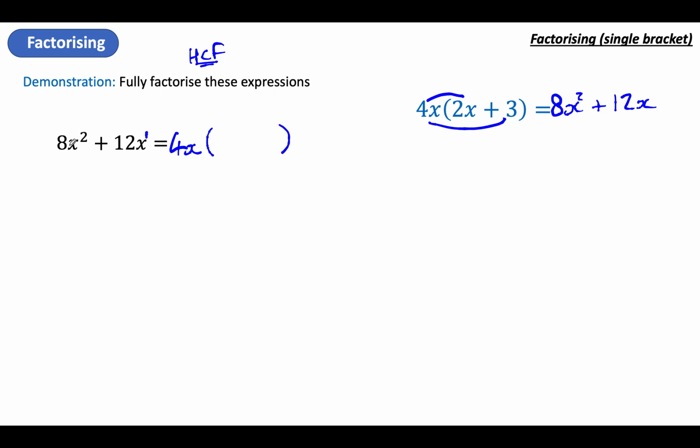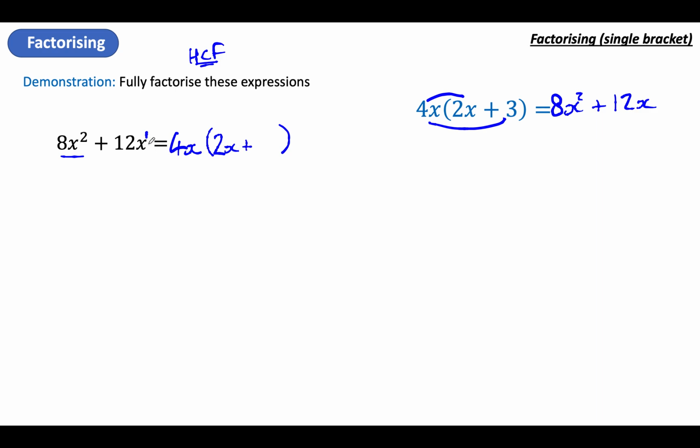Okay, I need to make 8x squared is what I need to make, and I've got 4x. So do the number first, times it by 2 to make 8, and then think, what do I need to times it by to make x squared? Well, that would be an x. So that makes 8x squared, because now it's x times x, right?